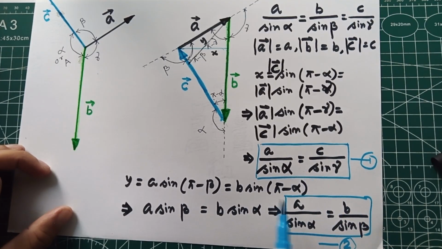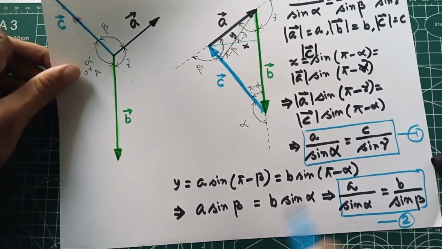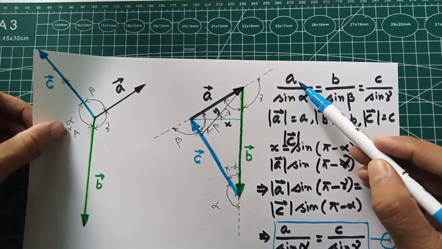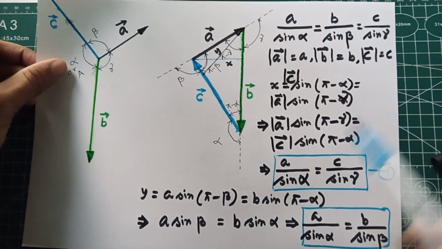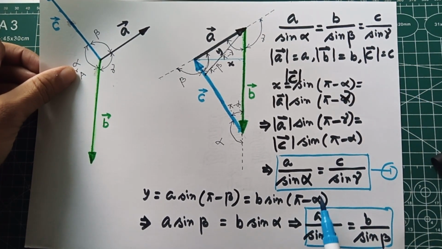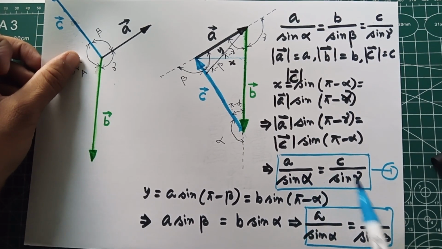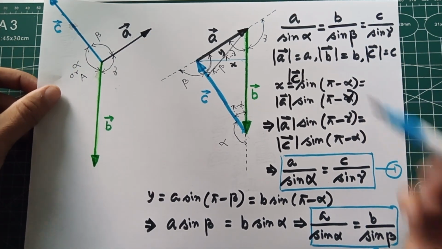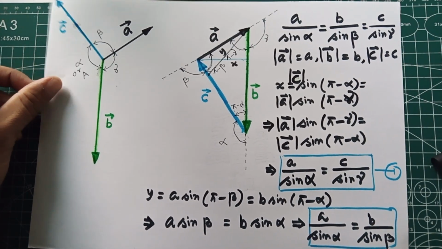From this, a by sine alpha is equal to c by sine gamma, and a by sine alpha is equal to b by sine beta. Therefore, combining these two, a by sine alpha is equal to b by sine beta is equal to c by sine gamma. These three are basically the same, so you can write this. That will complete the proof. Okay, thank you.